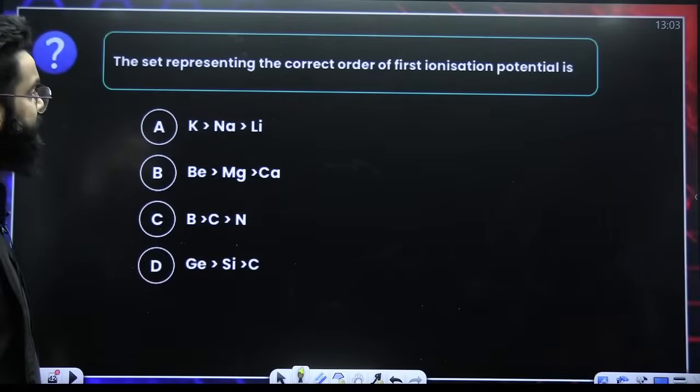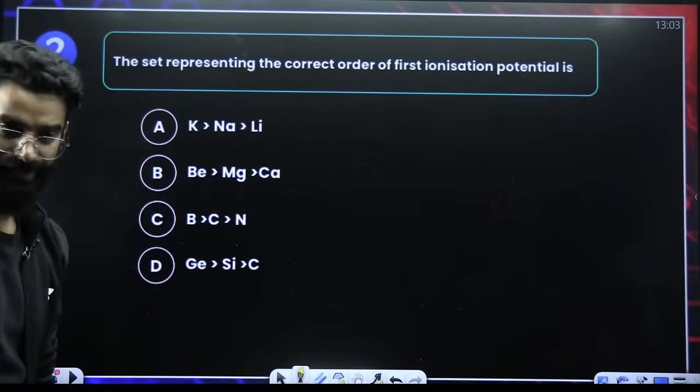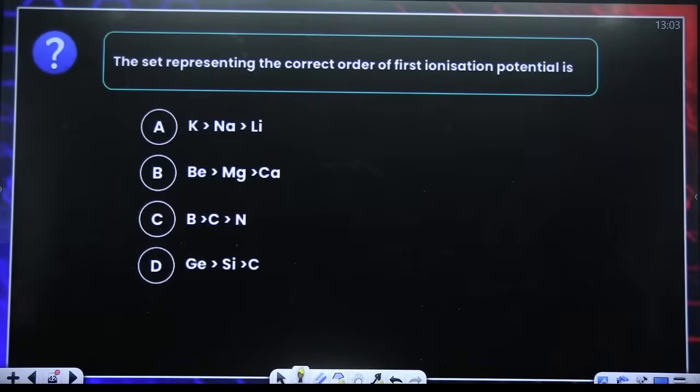The set representing the correct order of first ionization potential. Can you check it out quickly, guys?